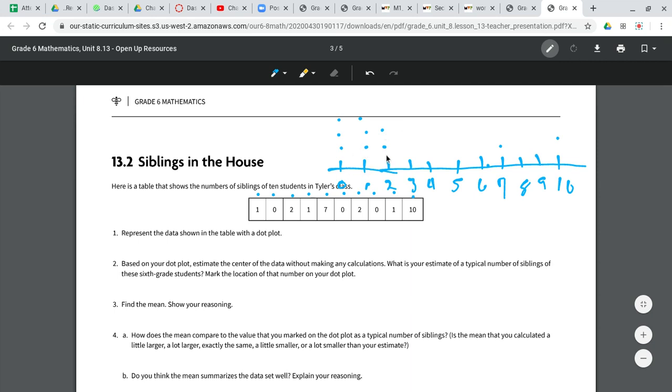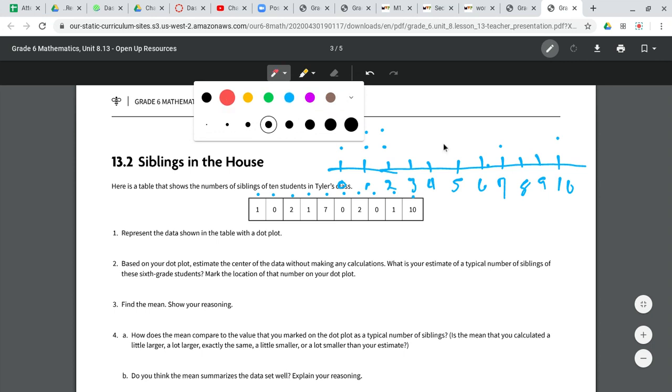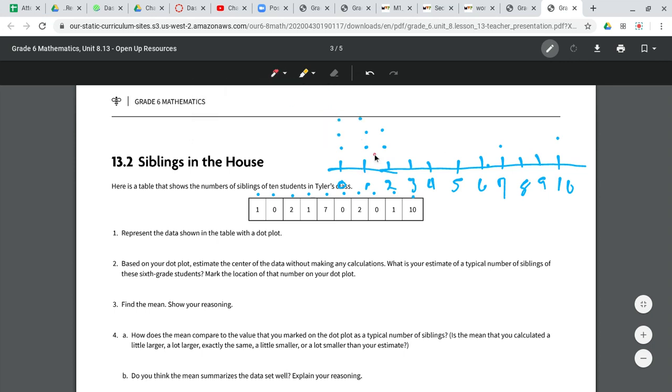Probably somewhere between 1 and 2, just a hunch. So we're going to make a little triangle between 1 and 2.